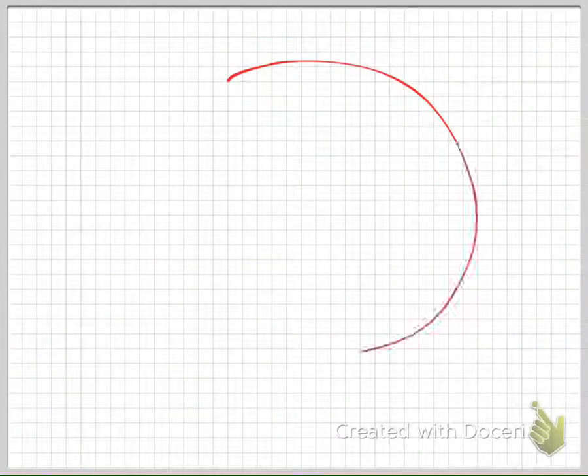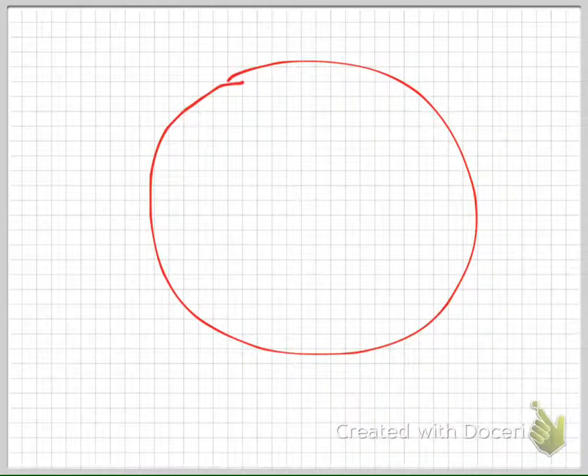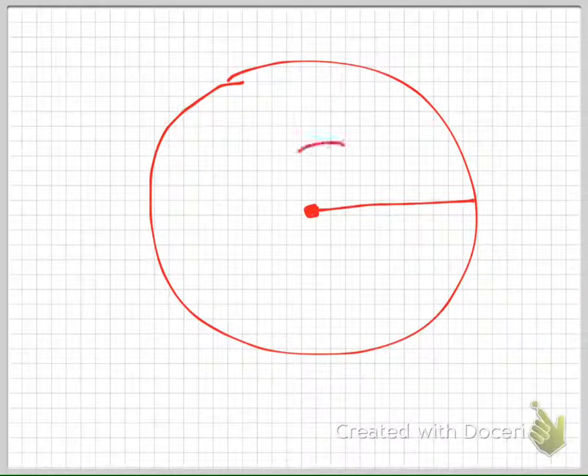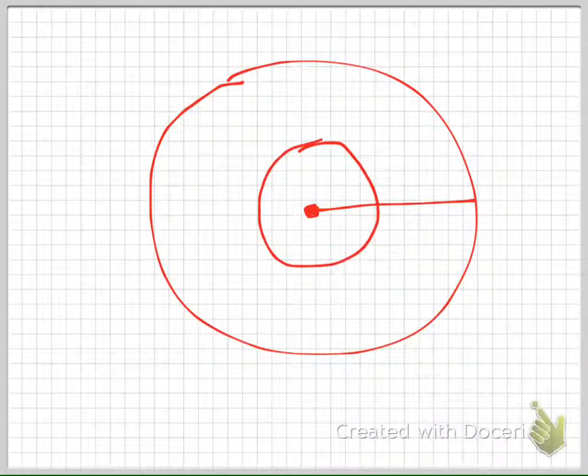What if they gave you a giant circle, and they gave you the radius, but they also made a donut.